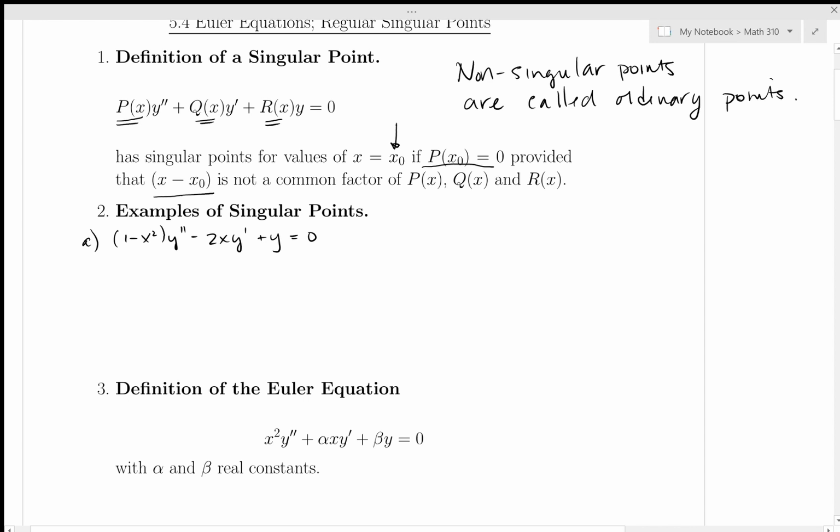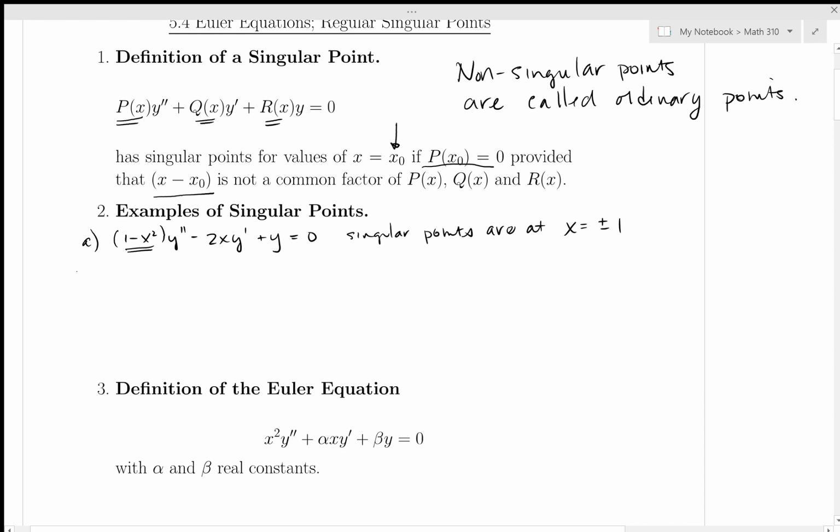Okay, it's linear, it's homogeneous, it's non-constant coefficient. What are the singular points? The singular points are when this leading function here is 0. So the singular points are at x equals plus or minus 1, because that means 1 minus x squared will be 0.